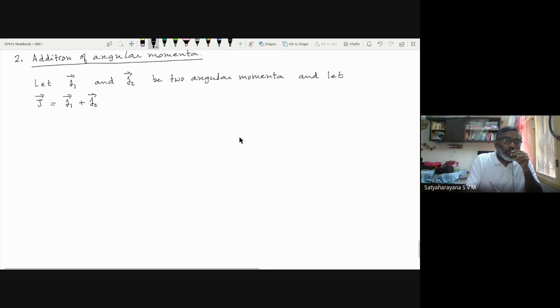Now, consider only J1. If we consider only one angular momentum, we work with common eigenstates of operators j1 square and j1z, correct?